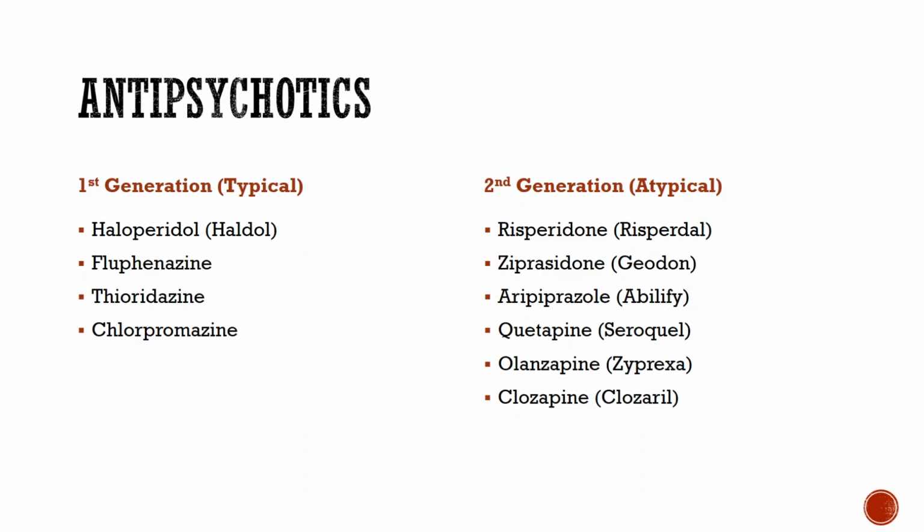And then our second generation or atypical antipsychotics, they're just coming out with new ones all the time, but here's a list of some of them right now. We have our risperidone, our ziprasidone, our aripiprazole, our quetiapine, our olanzapine, and our clozapine.